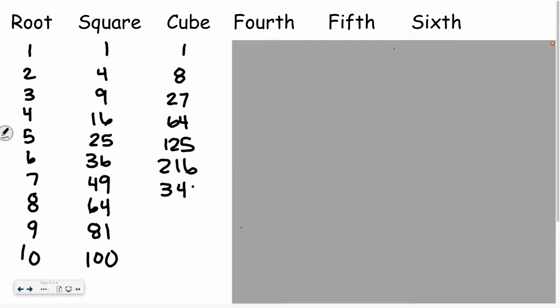I don't think I gave you 8 or 9, but let's put them down so we've seen them once. 225 is not right, never mind, that's 15 squared. What's 8 cubed? 512. 9 cubed is 729. And then the tens are easy, right? 1,000. It's going to have 3 zeros because it's being cubed.